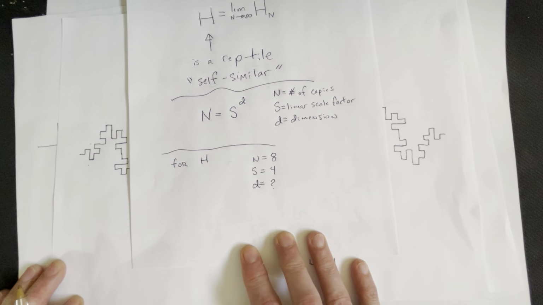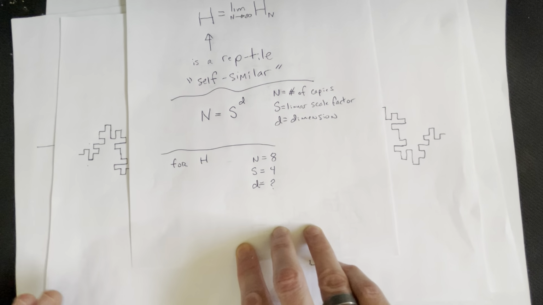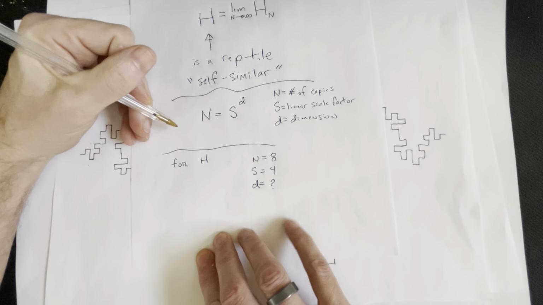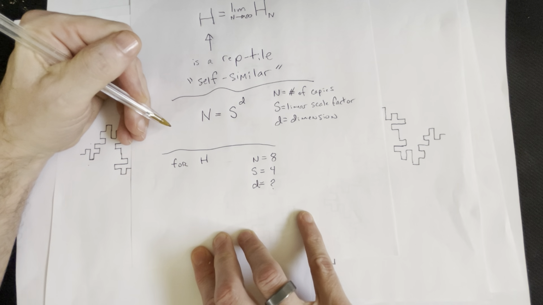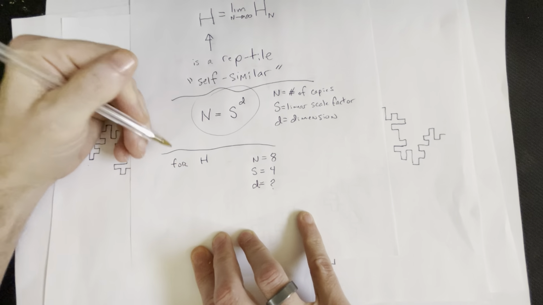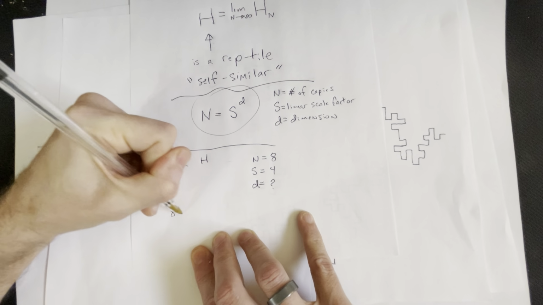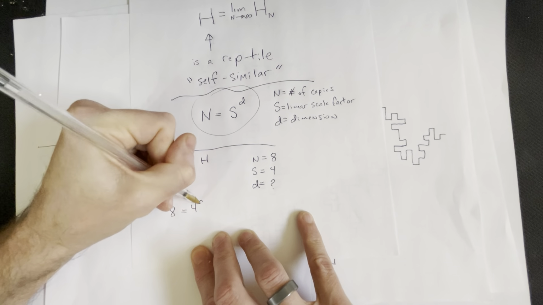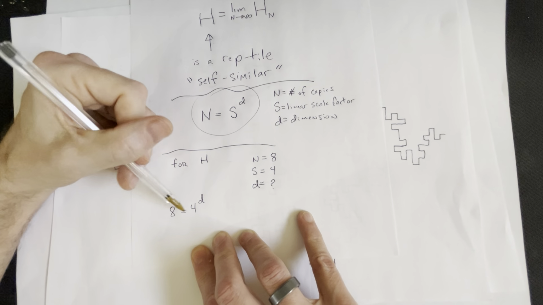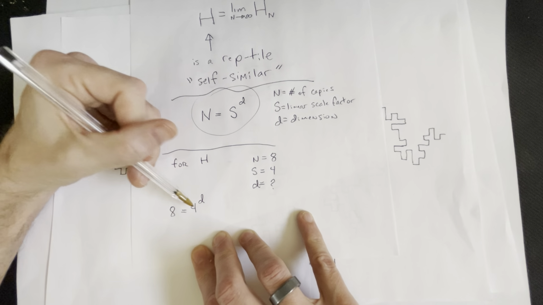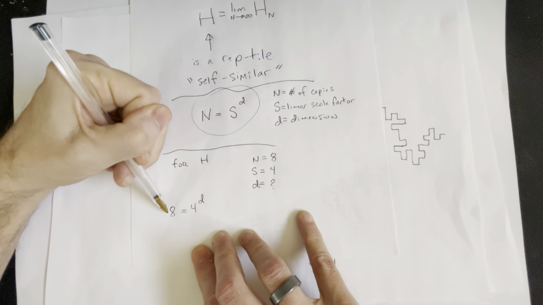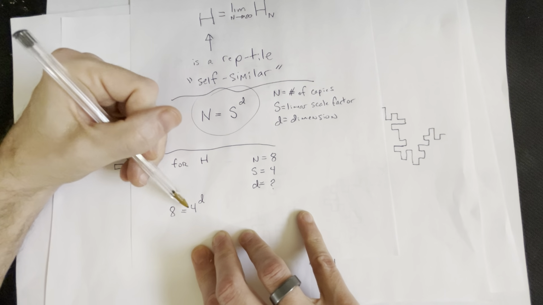So it's a really nice kind of algebra 2, or maybe pre-calc, depending on where you're doing it, sort of question, right? I use this formula and I plug in these numbers and you get 8 is 4 to the D. And you notice, oh, 4 to the first power is just 4, so D is bigger than 1. 4 squared is 16, so it's less than 2.